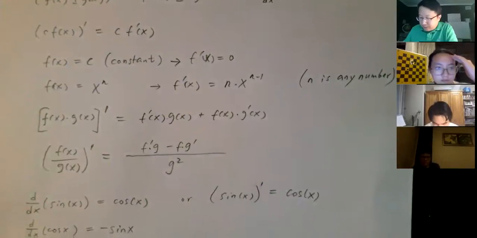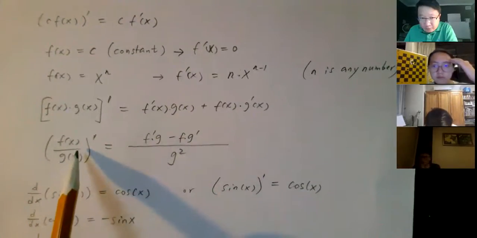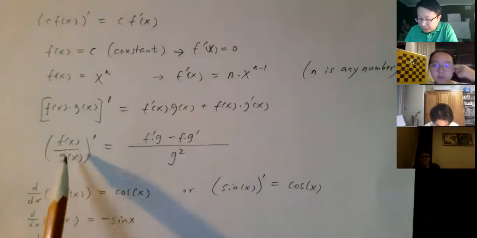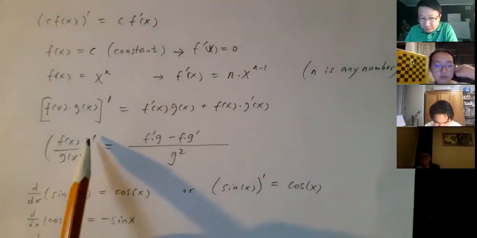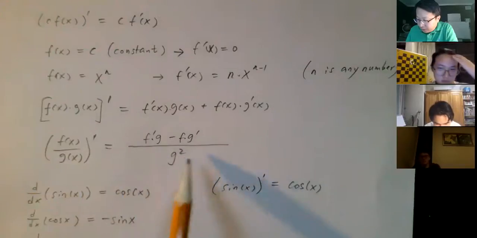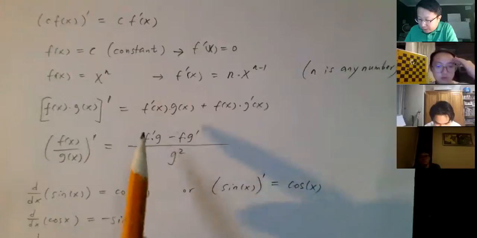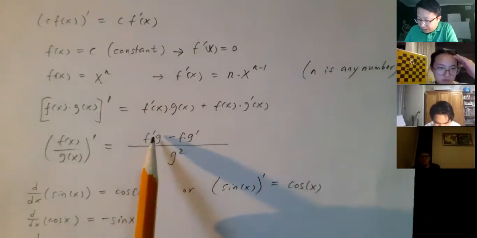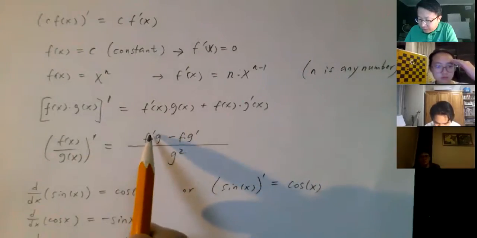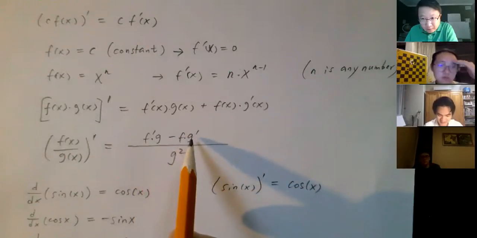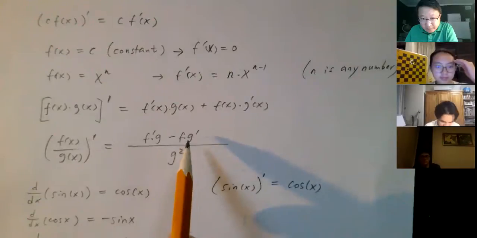Okay. Now the division case is more complicated. So for f(x) divided by g(x), the derivative equals: on the bottom is g squared, and on the top is still 前导后不导 minus 前不导后导. Okay.